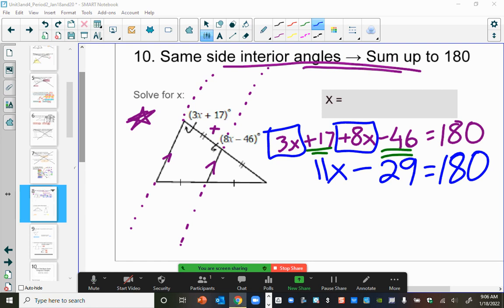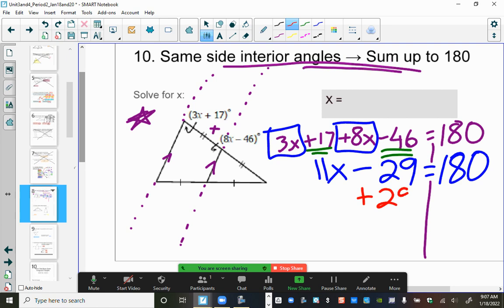All right. Now, this negative 29, that's the term we need to move to the opposite side of the equal sign because you can't combine the 11x and a minus 29. That can't happen, because there's no x here. Since 180 doesn't have an x, the negative 29 has to move.